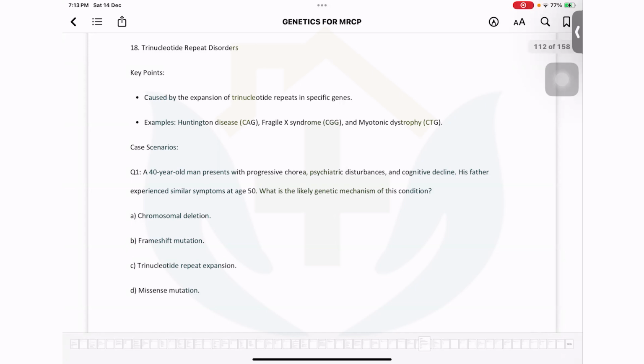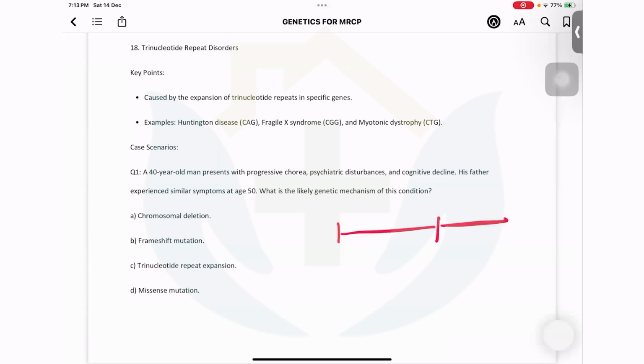What is the repeat threshold? Tell me, what is the repeat threshold? More than 36. Yeah, but what is repeat threshold? So, repeat threshold is basically when the disease manifestation comes when a set number of repeats are there.